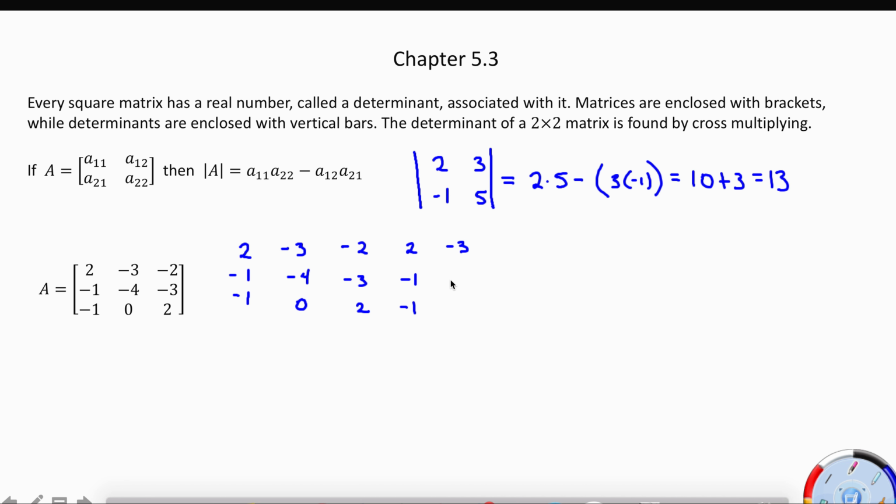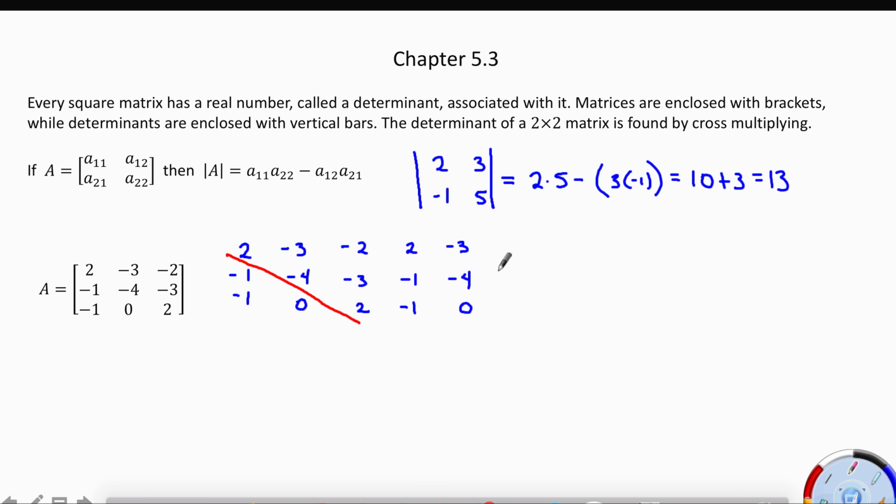That way I have enough where I can multiply this, this, this, and then do minus this, this, this. Right, a 2 by 2, we cross multiply this times this, minus this times this. On a 3 by 3, we're going to have 3 diagonals minus the other 3 diagonals. So let's see if we can do this and keep track of what we're doing.